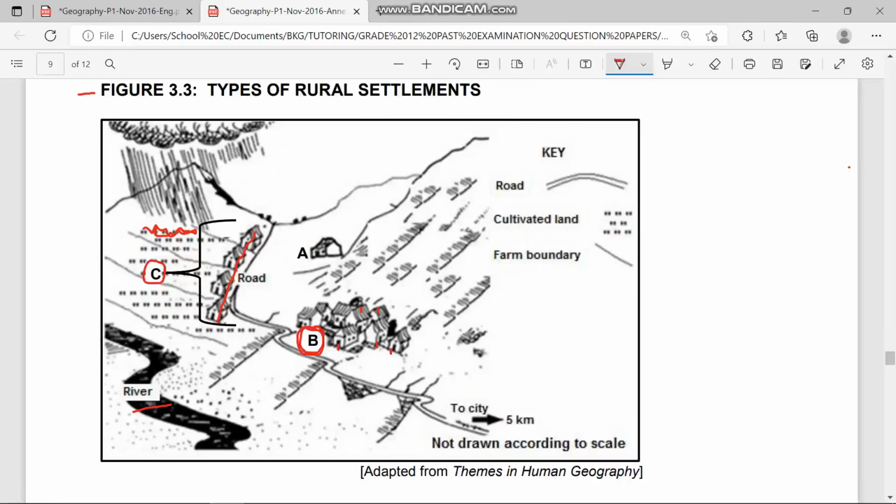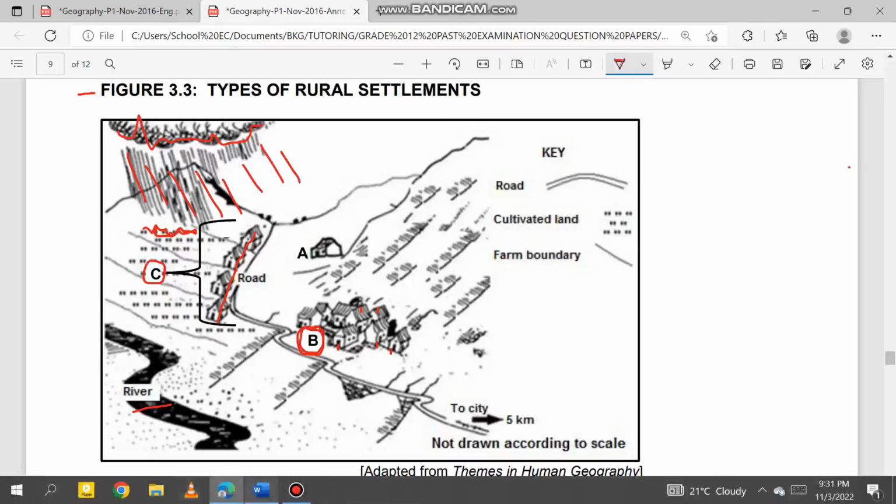And secondly, during heavy rainfall, as you can see, that side is receiving rainfall at the moment, with clouds and water drops. So this basically means that the topsoil will be washed away.